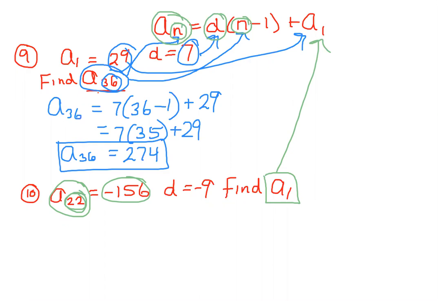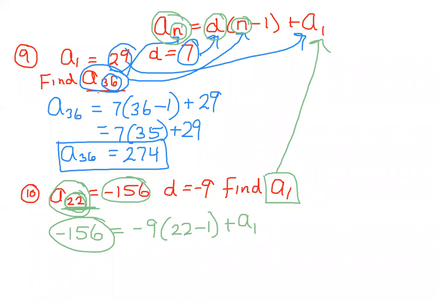So we're going to say negative 156 equals D times 22 minus 1 plus A1. Do you understand that, where those numbers are coming from? We're using N equals 22 and then A22 as this, because that's what we were given.